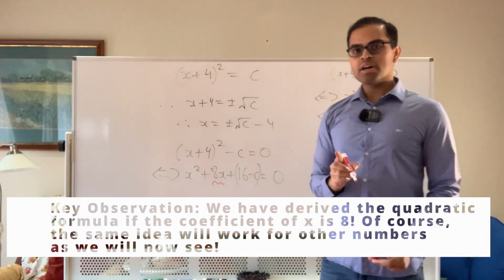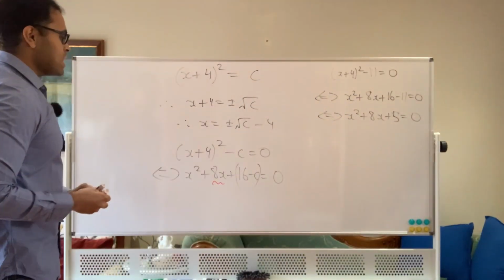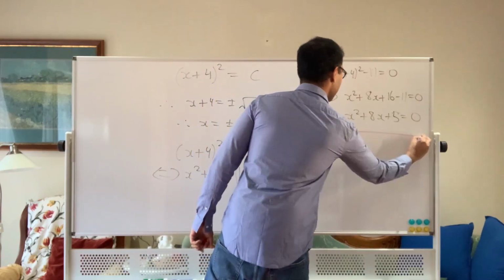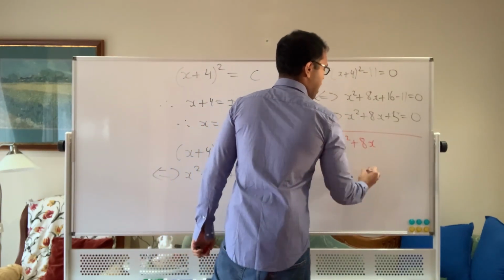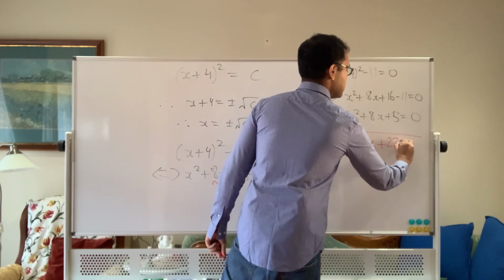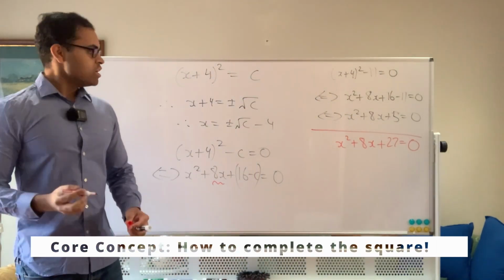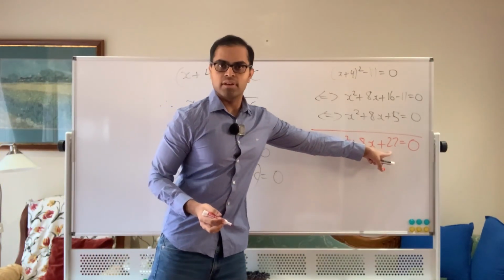And this is the process called completing the square. So what I mean by that is, suppose I have an equation x² + 8x + 27 = 0. How do I solve that equation? Well, I can say that I want 16 − c to equal 27.